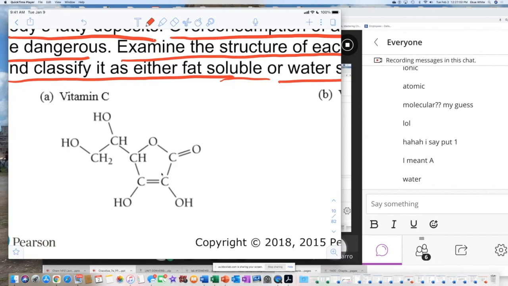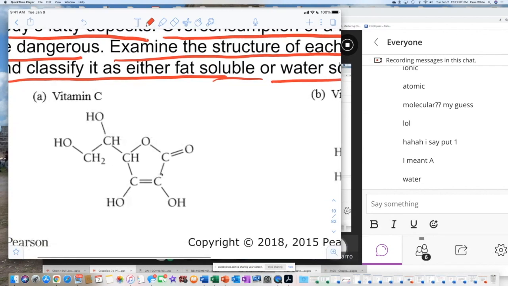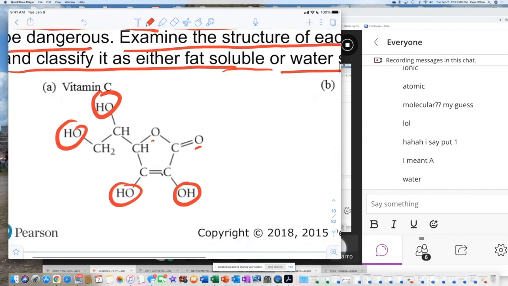Okay, let's see the chemistry. At least count the OHs. 1, 2, 3, 4 OHs. You can count these 2, but I'm trying to keep it simple. So based on the OHs only, 4 OHs, this can be water soluble if it can handle up to 20 carbons, right?